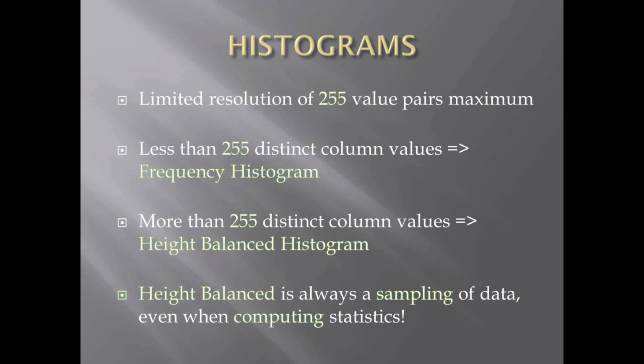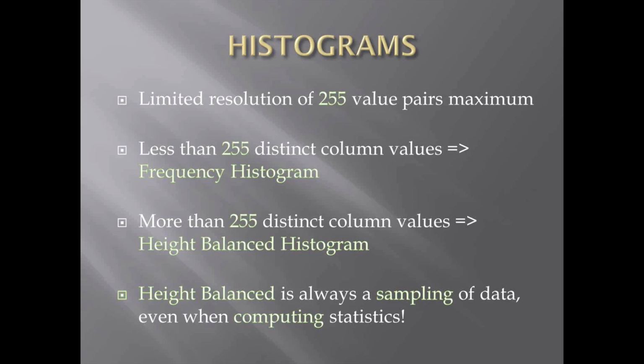And then you should know, for the histograms there is not only one kind of histogram, but there is a so-called frequency histogram if you have fewer than 255 distinct column values, and if you have more than 255, then Oracle creates something that Oracle calls a height balanced histogram, and I hope to explain to you what this height balanced histogram actually is.